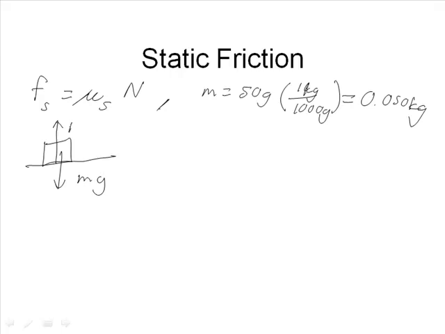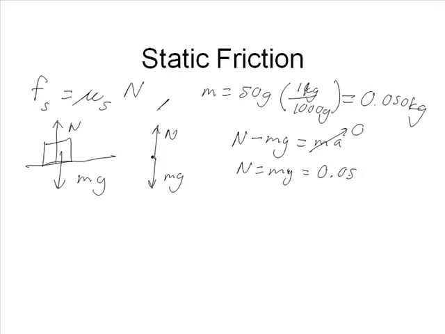Normal force pushes up, making a free body diagram. I've got a normal force, I've got gravity, and from Newton's second law, I know that normal minus gravity equals ma. It's not moving up or down, so the acceleration in the y direction is 0. The normal force equals mg, which is just 0.050 kilograms times approximately 10 meters per second squared, which gives me 0.50 newtons.